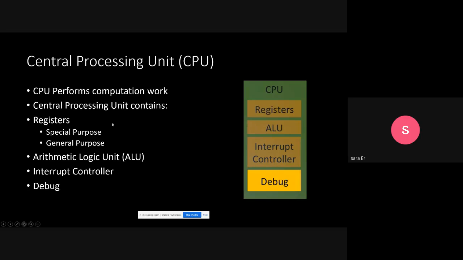Inside every CPU, there is an arithmetic logic unit, ALU, that performs all the logic operations, for example AND, OR, XOR, NOR, NOT. Inside every CPU, there is also an interrupt controller module and a module for debug operations.